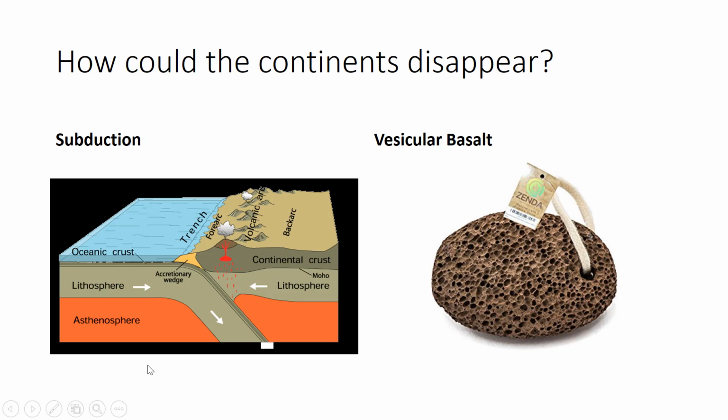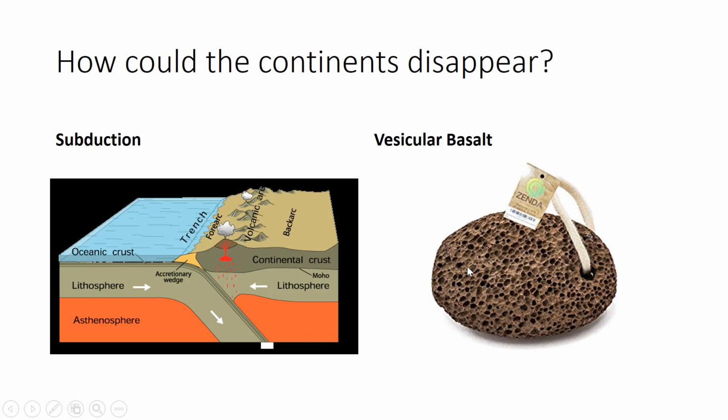So is this subduction of oceanic plates, or is it subduction of what used to be continental plates? And then we have this question: how is this possible? Because continental plates don't subduct underneath oceanic plates, because again, they're lighter.